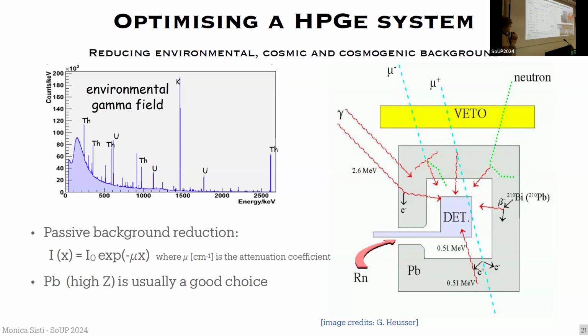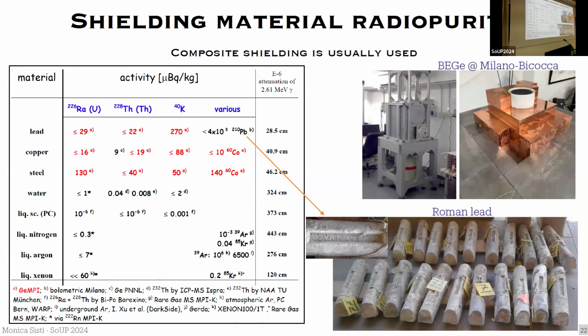But as we have said, the materials also contain radioactivity. So if you want a low background detector, you need to select your shielding material. Here you see a table with some shielding materials: lead, copper, steel, water, liquids. Of course, as I said, the germanium detector is quite small, so you can still use lead to make the passive shielding.